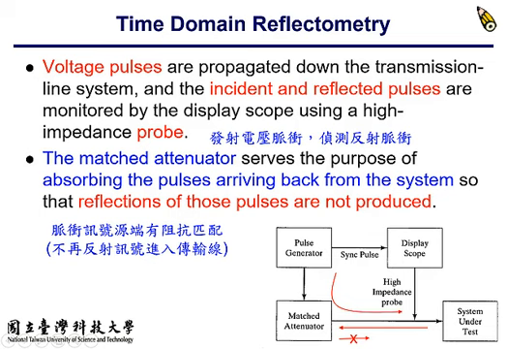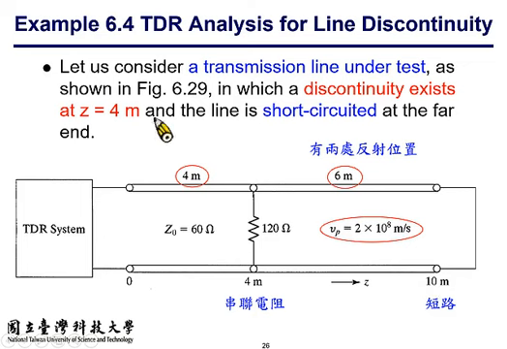And the purpose of the match attenuator is to ensure that there's no more reflection going back to the system, right? So the signal goes starting from the pulse generator, goes into the system. If it gets reflected, it will be detected by your oscilloscope. Okay, so let's apply the transmission line circuit here, example 6.4.